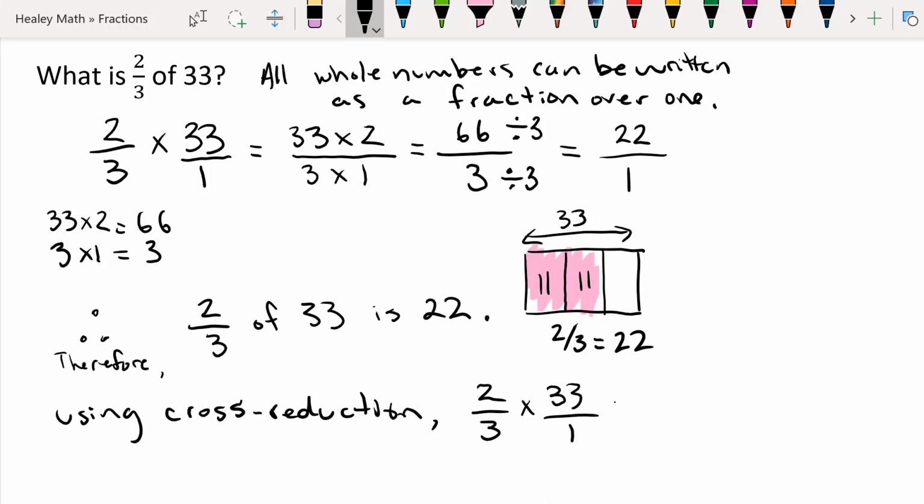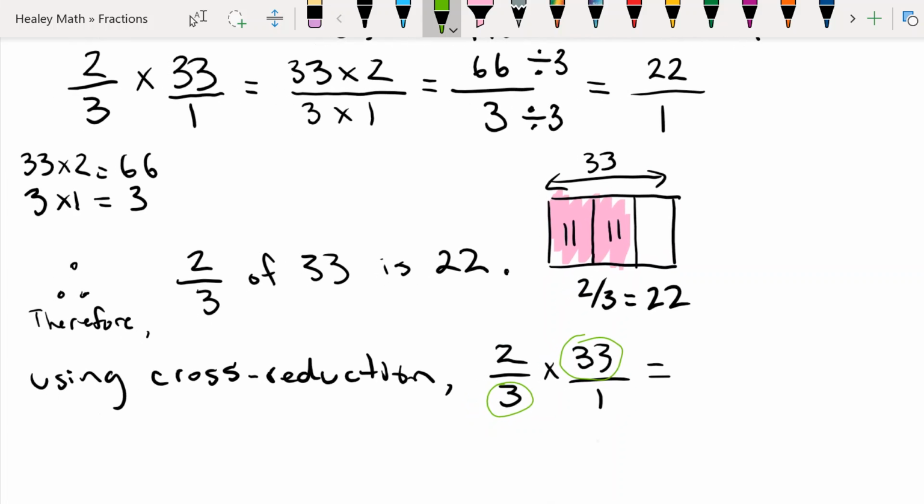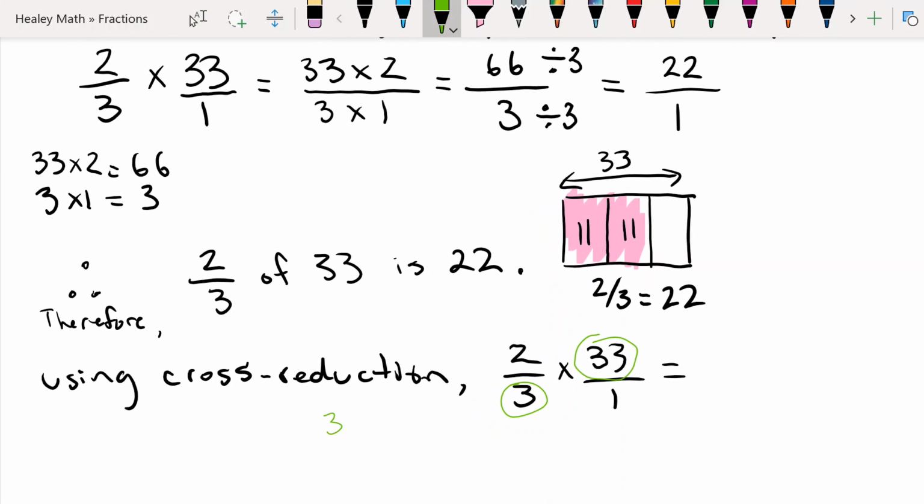If you look at what's on the top and what's on the bottom, we know that 33 divided by 3 is 11.